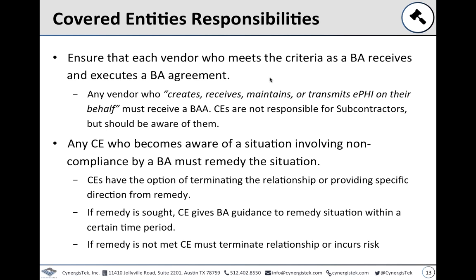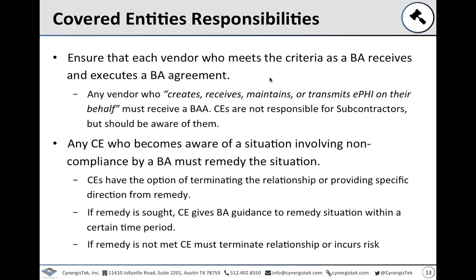So in continuing with the theme or the requirements that were in the original privacy rule, if a covered entity becomes aware of a situation in which their business associate is not living up to the requirements in the business associate agreement, or they're using or disclosing the PHI in a way that's not permitted under the BA agreement, the covered entity has a couple of options.